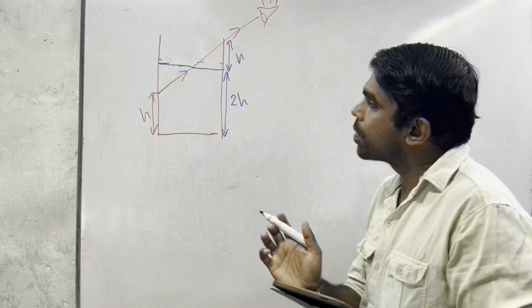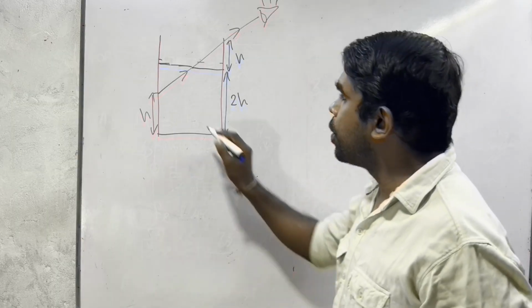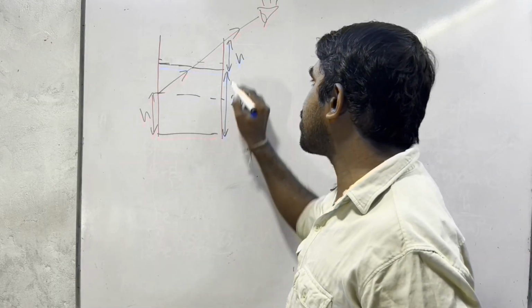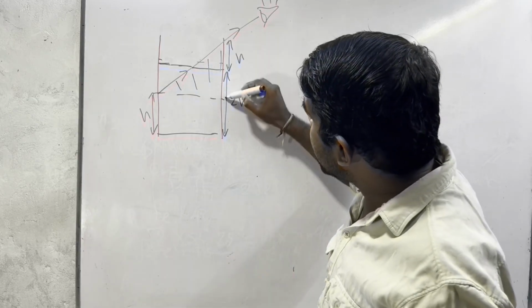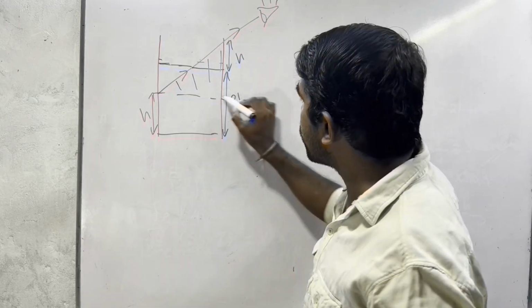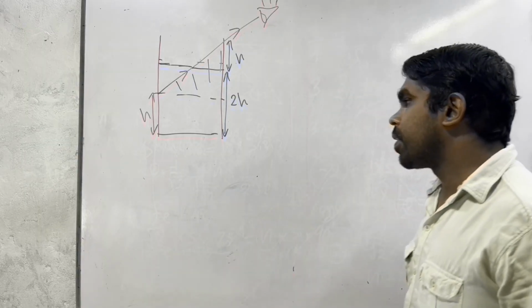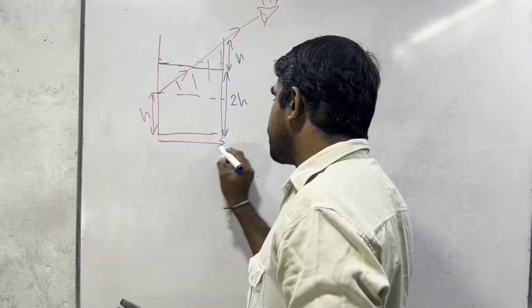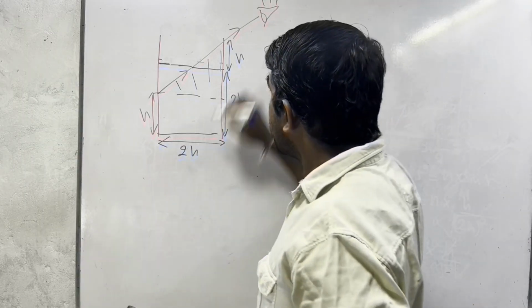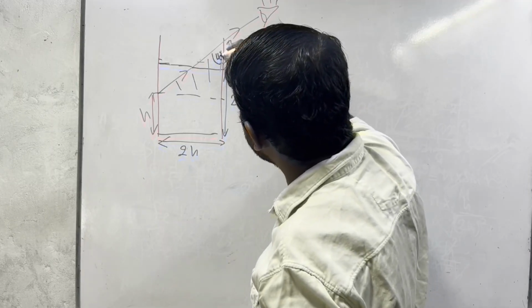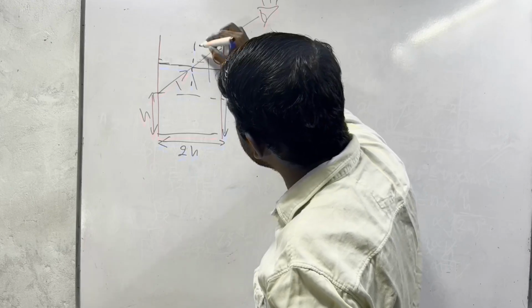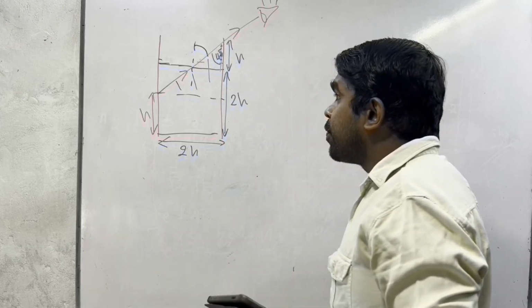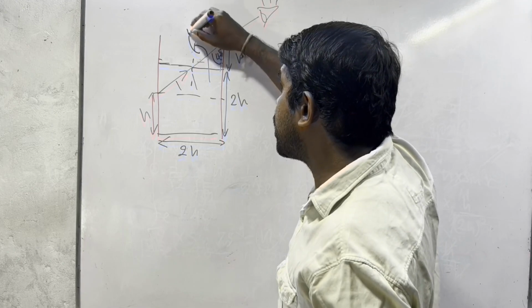And when considering this large triangle, this side is 2h and this side is also 2h, because the diameter of the container is 2h. Then this angle should be 45 degrees. It is equal to the incident angle for the ray after filling the liquid.